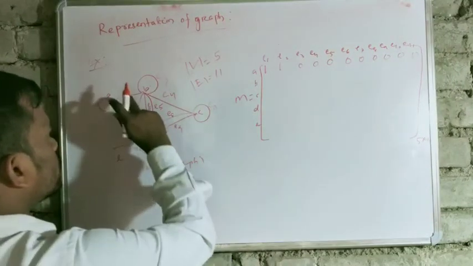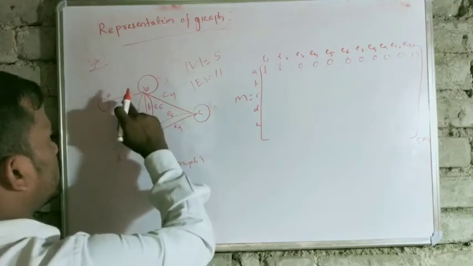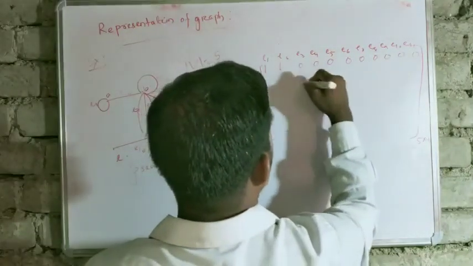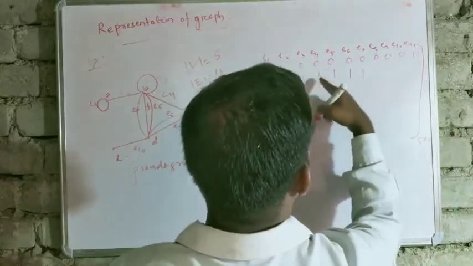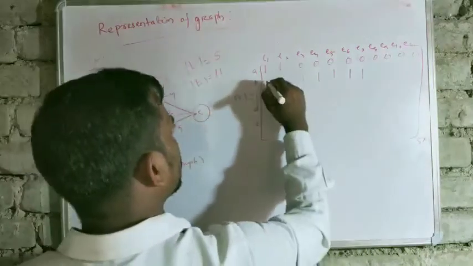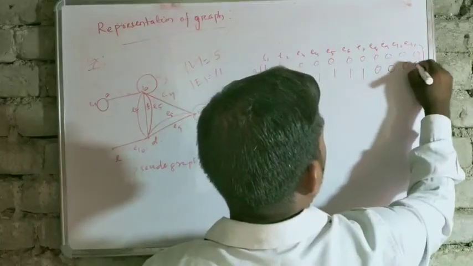So 2 to 7. These entries are 1 and the rest are all 0.